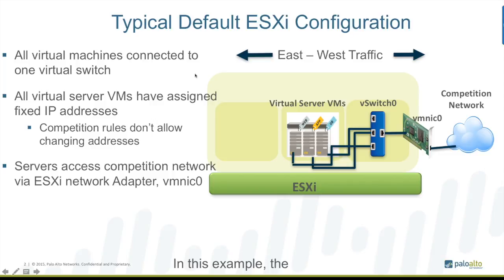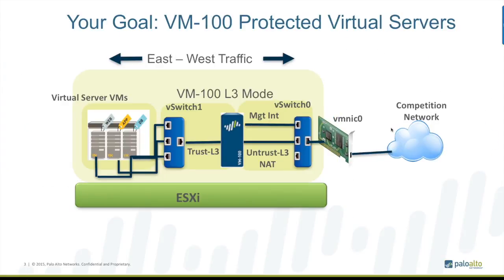All right, so as you recall, this is the way it's set up. This is what I just showed you. Everything's connected through one virtual switch. This is what the series of videos is going to teach you how to do: how to set up your VM 100 so that I set up another switch. So basically now, instead of the traffic going directly to the VM servers, that traffic is going to be filtered by the VM 100 firewall appliance.